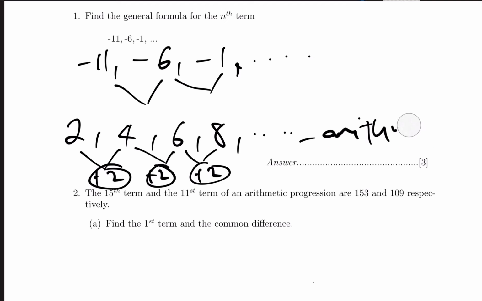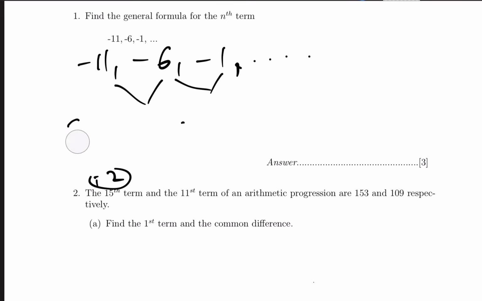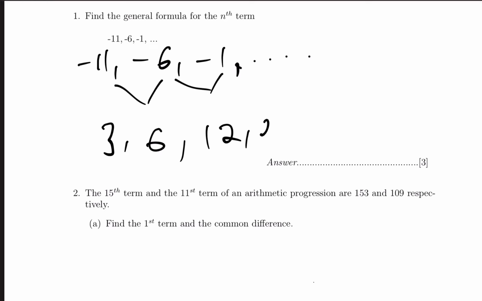But there are cases where you will get a sequence like this: 3, 6, 12, 24. Between 3 and 6, the difference is plus 3, but between 6 and 12, the difference is plus 6.